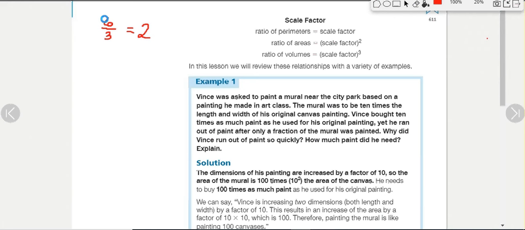Let's say you have a perimeter of 10. If the scale factor is 4, then your new perimeter is just the original times the scale factor.